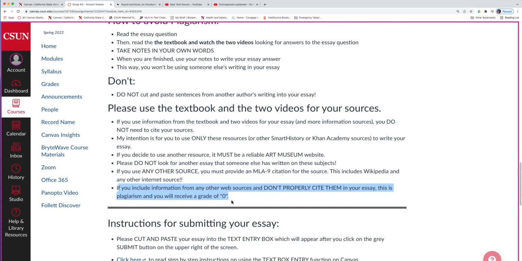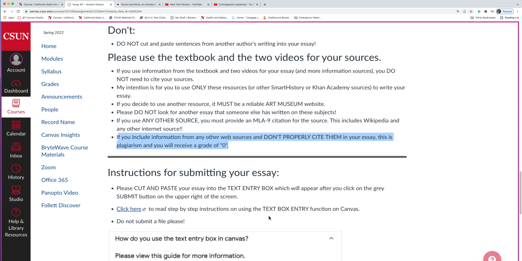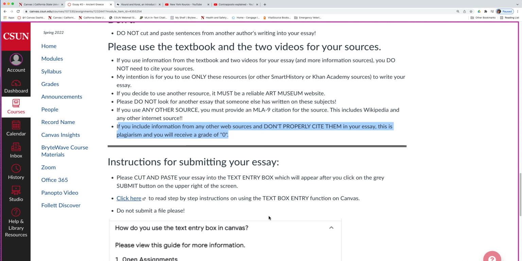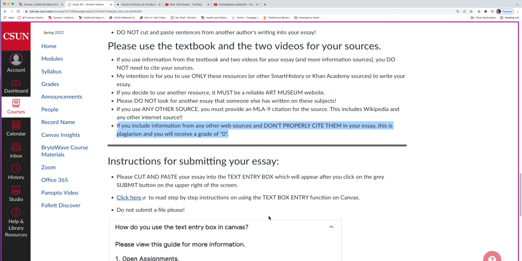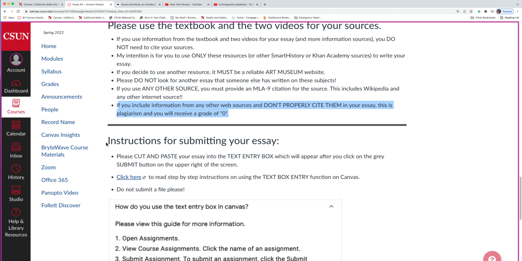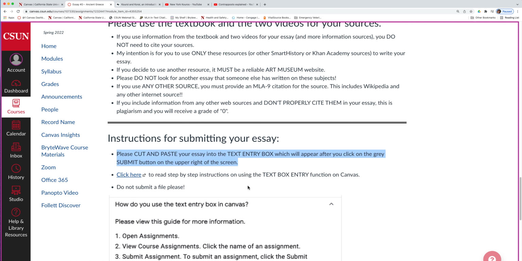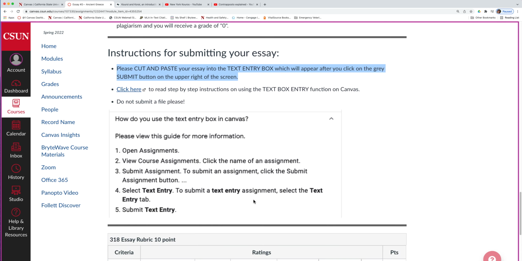And if you include information from other web sources and don't properly cite them, it's plagiarism and you'll receive a grade of 0. And I'm using Turnitin, so that helps me to detect whether people are doing that. I hope you're not. All right, and again, you're going to cut and paste your entry into the text entry box, and don't submit any kind of file, please.